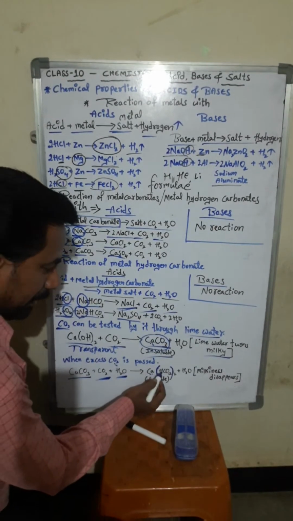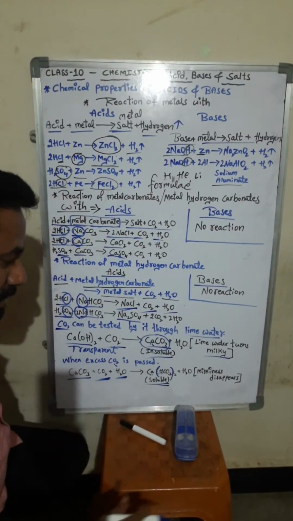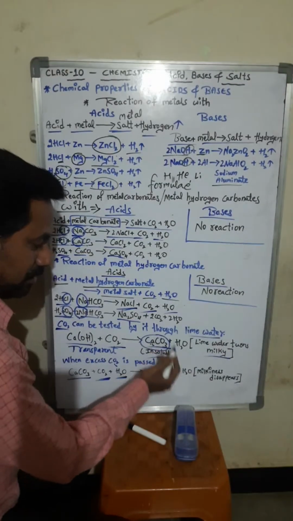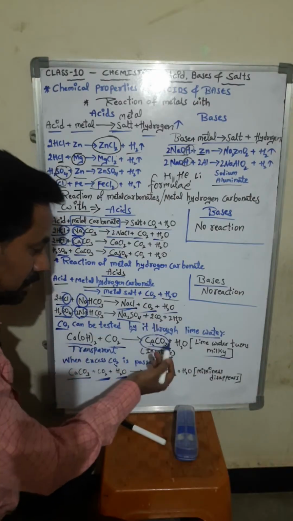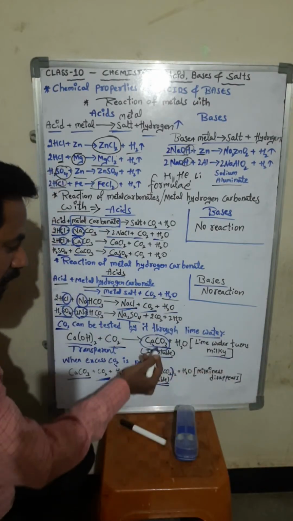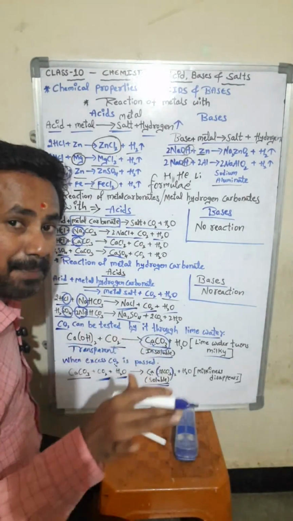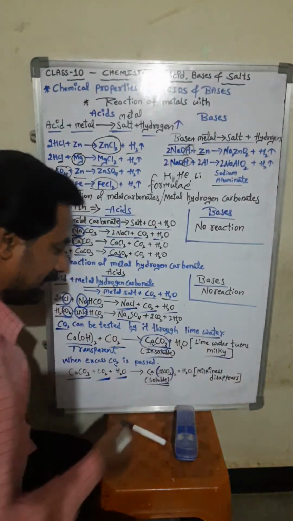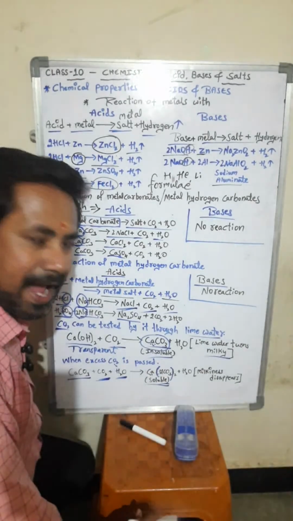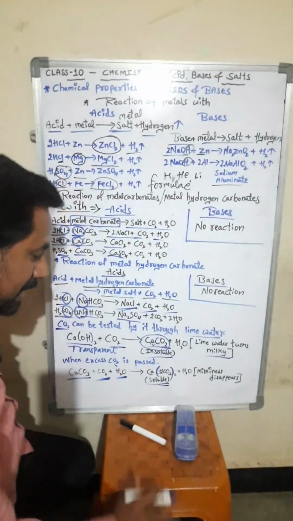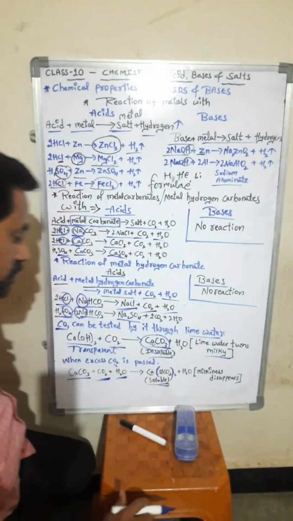It is calcium hydrogen carbonate. A metal hydrogen carbonate will form. It is soluble, students. The lime water had turned milky after adding carbon dioxide. If we add more carbon dioxide, the milkiness disappears. It will become transparent again. What will form there? Calcium hydrogen carbonate, Ca(HCO3)2, and also water is formed, students.